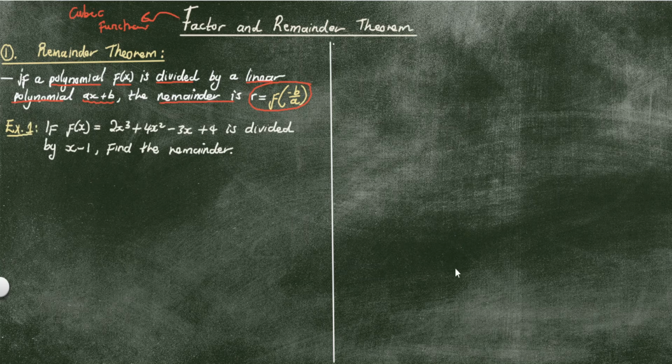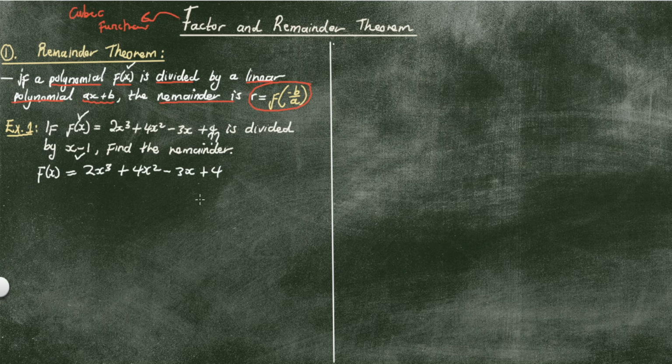Here's an example. If f of x, which is the polynomial f of x, is divided by a linear polynomial x minus 1, find the remainder. Okay, so for example 1, I have f of x equal to 2x cubed plus 4x squared minus 3x plus 4.